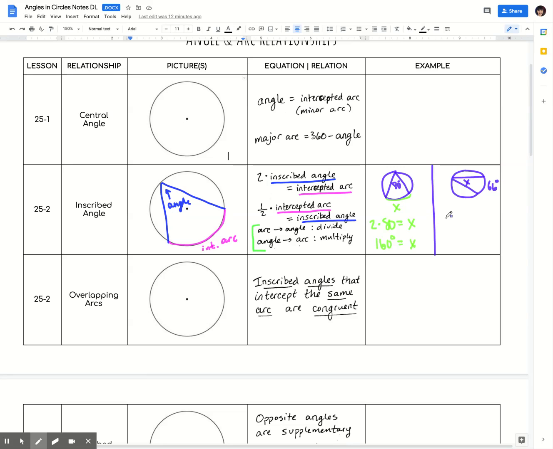So again, the rule is that 2 times the angle has to equal the arc. In order to solve this, I would divide by 2 and get that x is equal to 33 degrees.